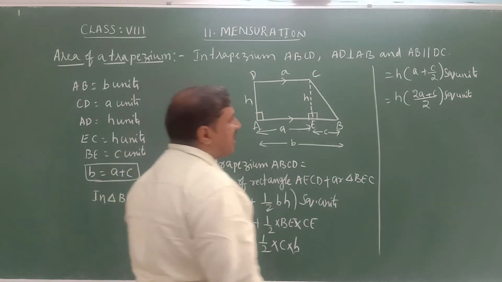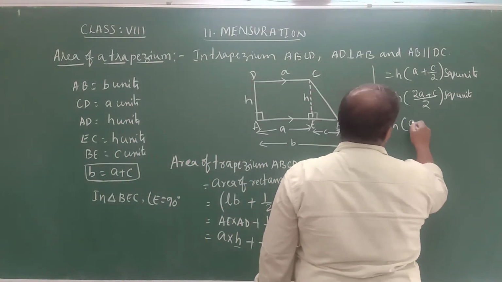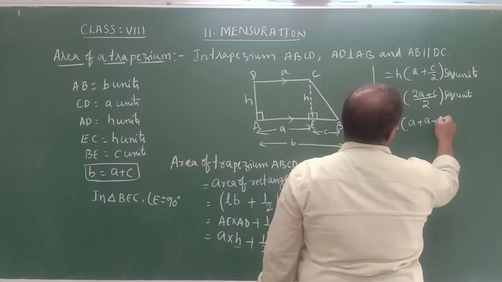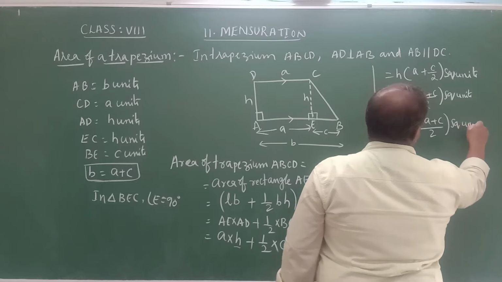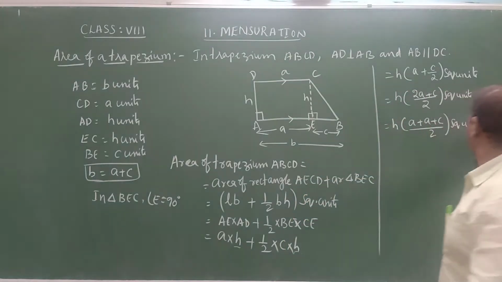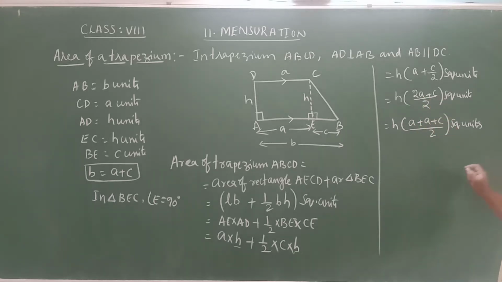Now 2A can be written as what? H into 2A plus C by 2 square units. Now A plus C, what is B here?